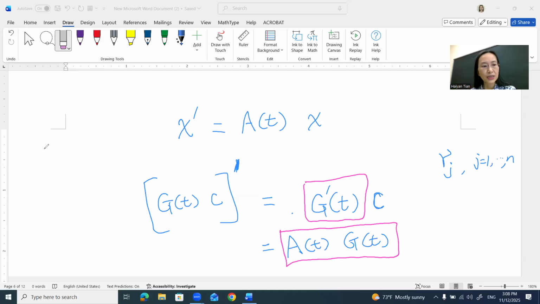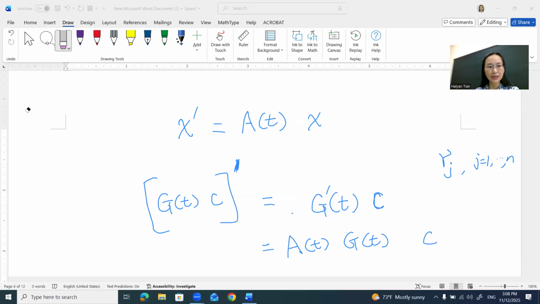We just commented. So then we put a C there. C is still there. So we replace, and then we can realize, what do we see? What we see is this part, G and C together. Isn't that the same? The fundamental matrix G times the C.